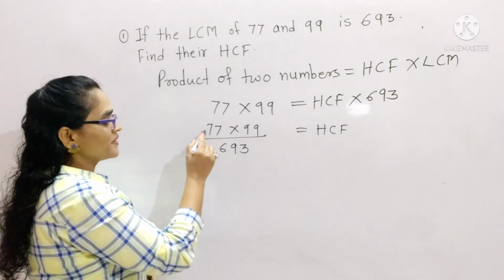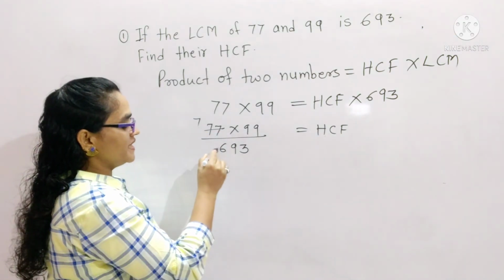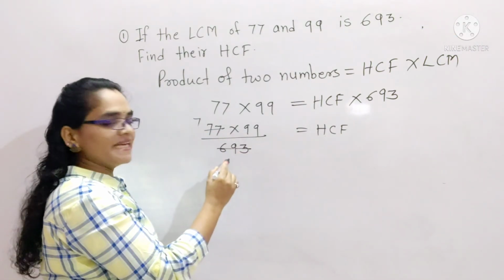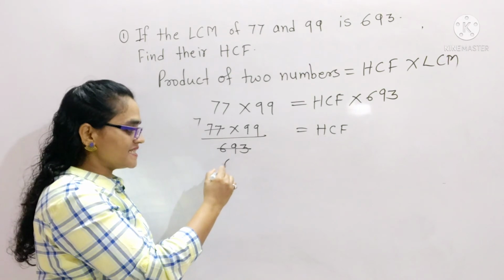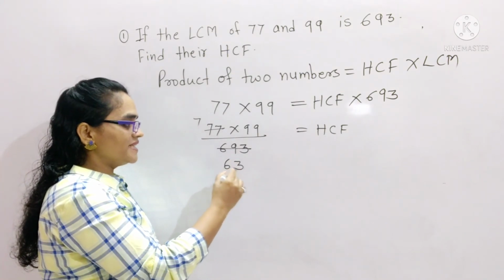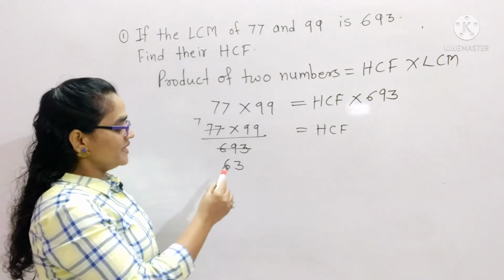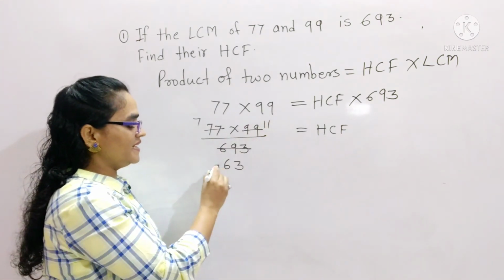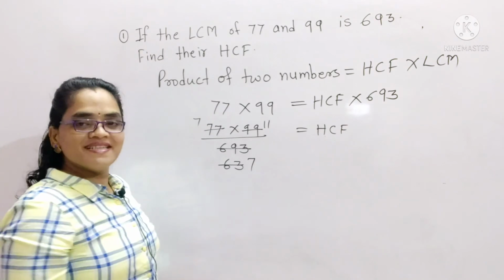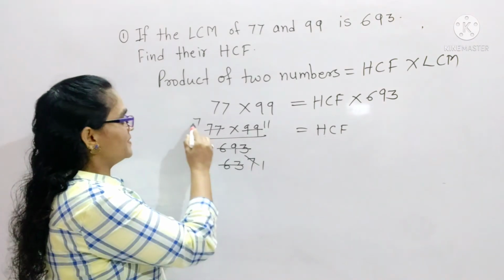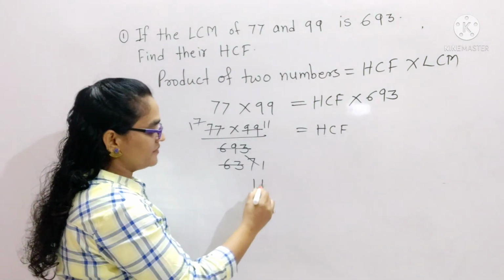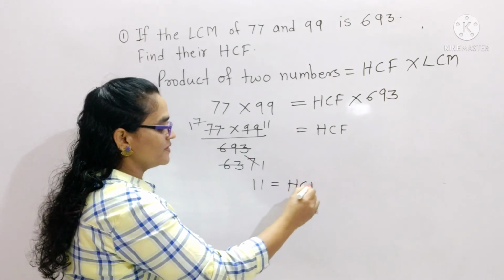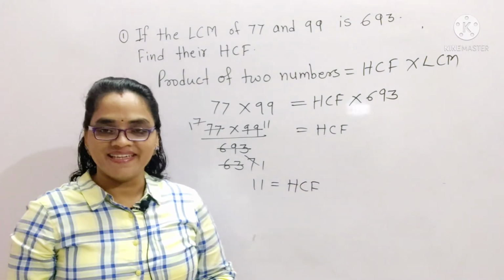Give reduced form. 11 7s are 77, 11 6s are 66, 3 remain, 11 3s are 63. Then now here 9 1s are 9, 9 1s are 9, 9 7s are 63, 7 1s are 7, 7 1s are 7. 11 is the HCF of 77 and 99.